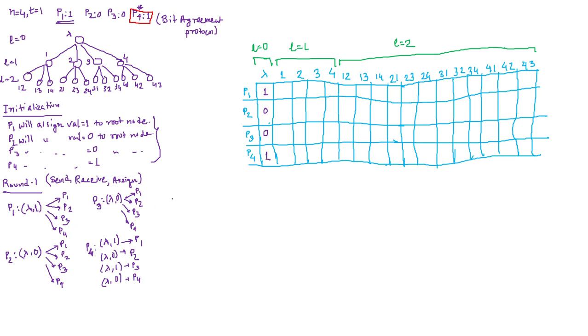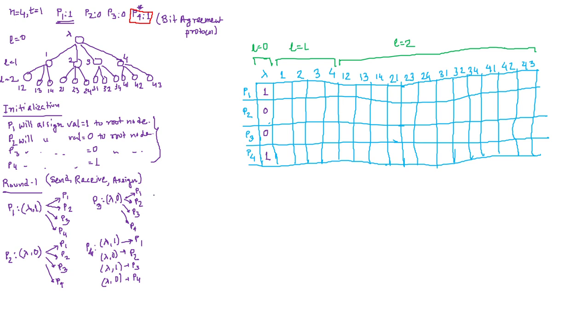So this is the send part of the protocol, and the receive of the values is also done. P1 has received lambda comma 1 from P1, lambda comma 0 from P2, lambda comma 0 from P3, and lambda comma 1 from P4. So send and receive operations are done. Now assignment.